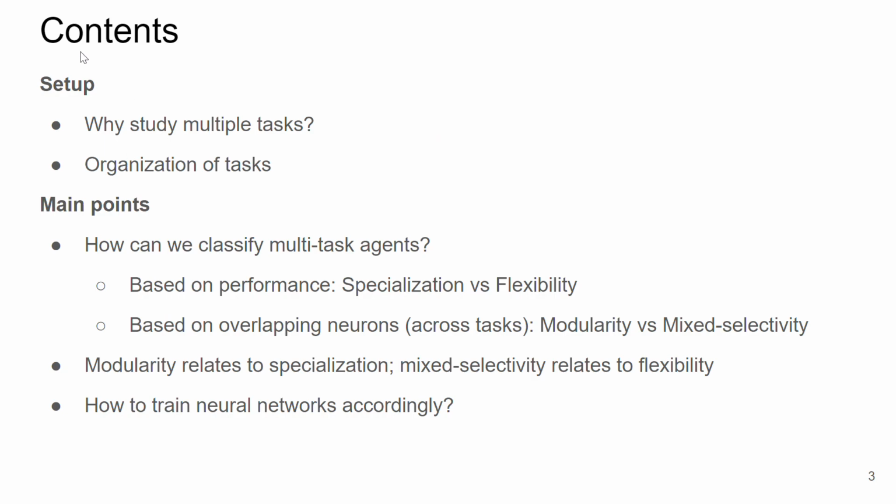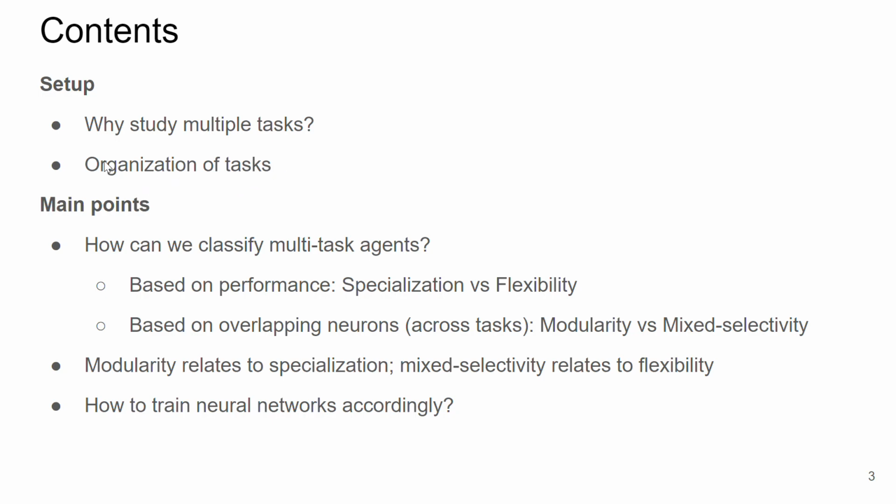And this is how this presentation is organized. This is quite similar to how they presented it in the paper. So we'll initially start off by talking about why study multiple tasks, and then we'll look into the organization of tasks, or we'll define tasks more formally.